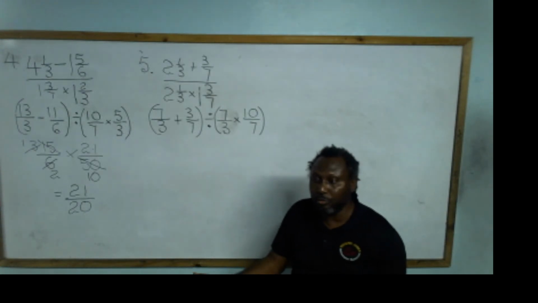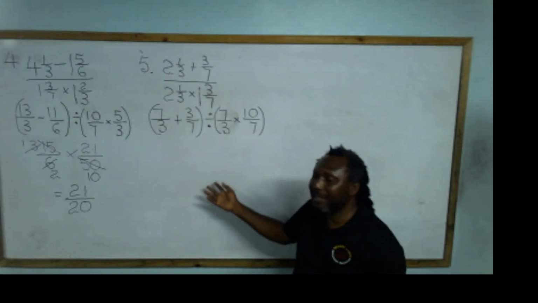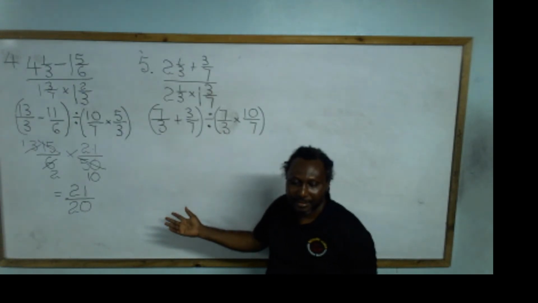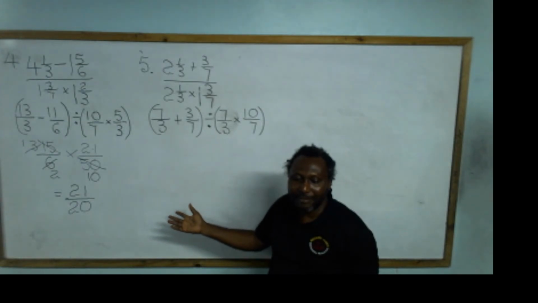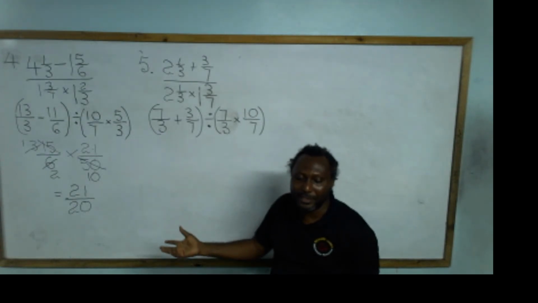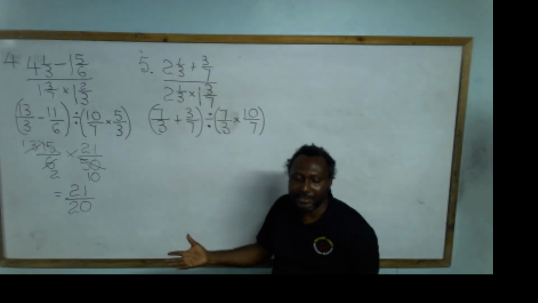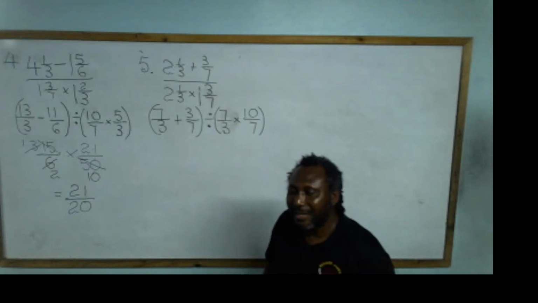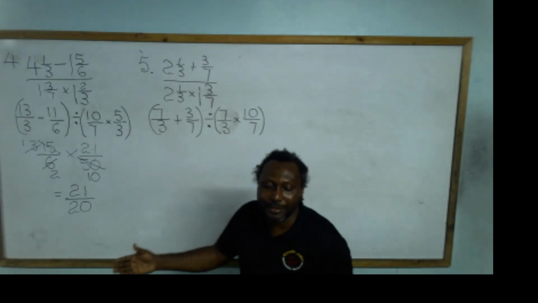Because why would you solve a problem when it is solving itself? And you learn many philosophies from me while you're inside this class. Solve the simple problems and let the more difficult problems solve themselves.